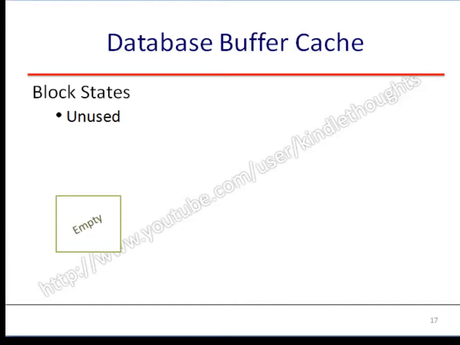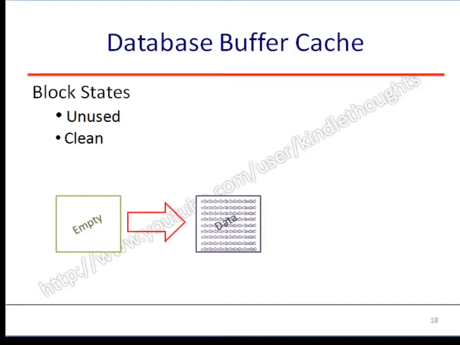Now, when this block is being used because somebody has requested to do an operation, it could be a query or it could be a data manipulation operation. So when the request is being executed, let's say in this case, a person wants to execute a query, the data is fetched from the data files and is loaded into the memory in the database buffer cache.